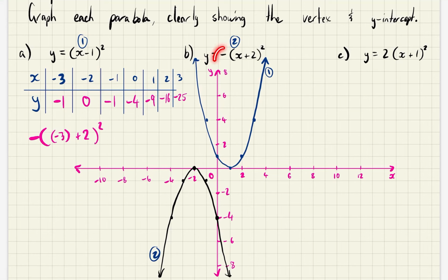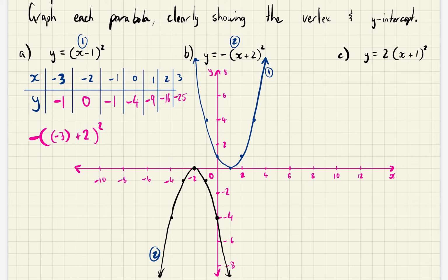Okay, so I'm going to label that 2. Okay, so like we thought, it was negative, so that means it's a sad face. Okay, sad face. And it's been shifted twice to the left because it was plus 2 when we think about it in the opposite way.